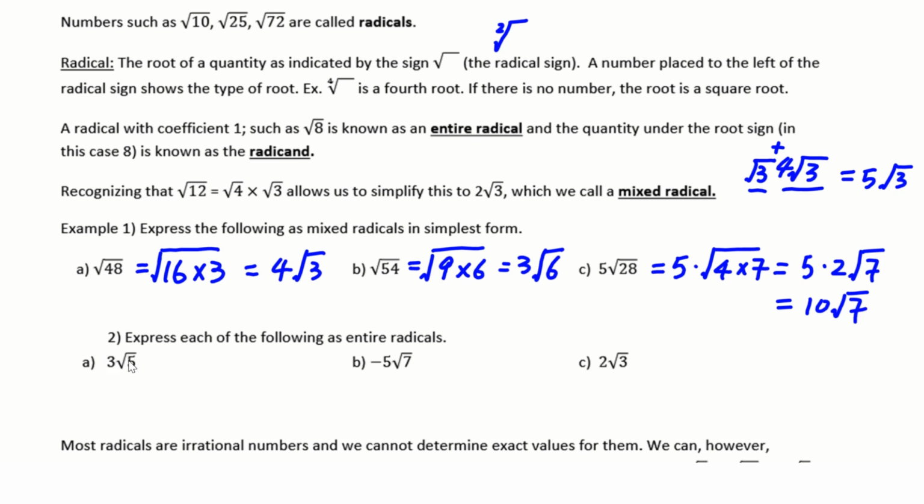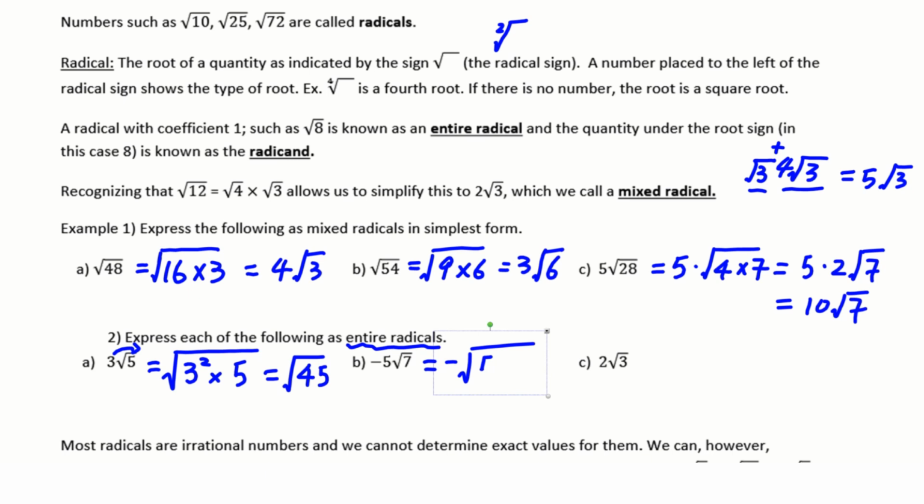For this one, 3 square root 5, we go back to entire radical, which means we bring the 3 into the radical sign. So square root of 3 squared, then times 5. That equals square root 45. For this mixed radical, we couldn't put a negative into that radical sign.